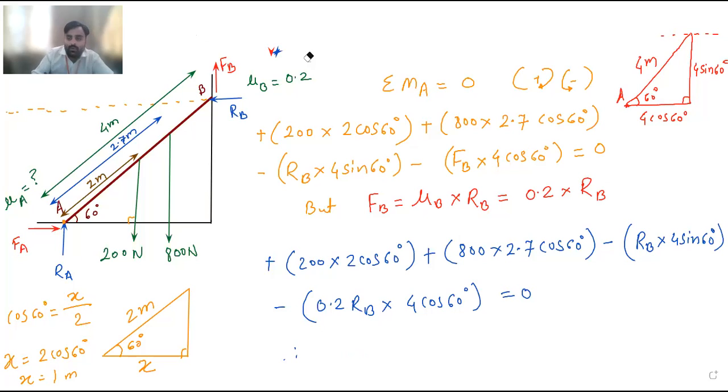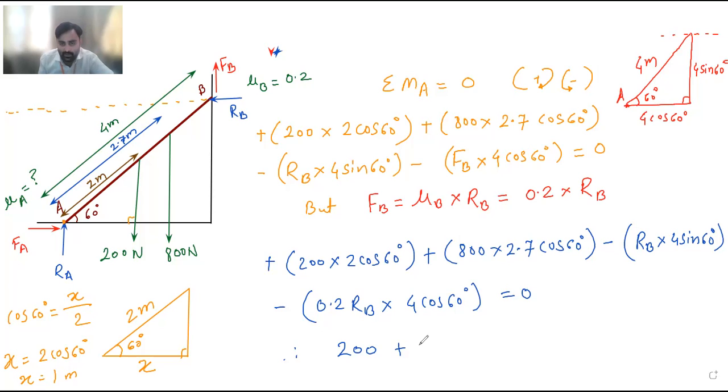with you now. So see here, 200 into 2 cos 60, so it is 200. This will be 200 as it is, plus here it is 800 into 2.7 cos 60.